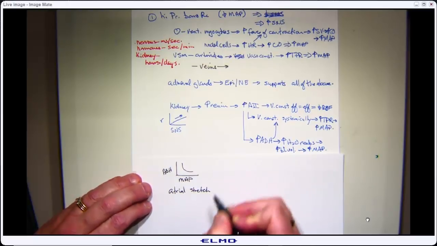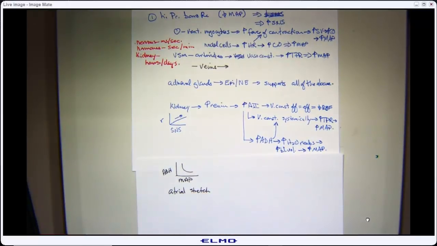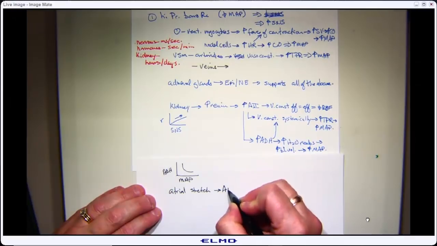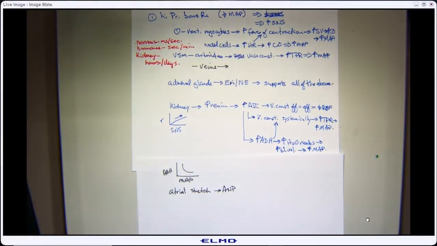I want you to think about atrial stretch. You changed venous return. The moment you change venous return, you change stretch, you change atrial natriuretic peptide. Okay? And as soon as you change ANP, you change renin, angiotensin 2, ADH. Okay? So I want you to think about atrial stretch and atrial natriuretic peptide here.